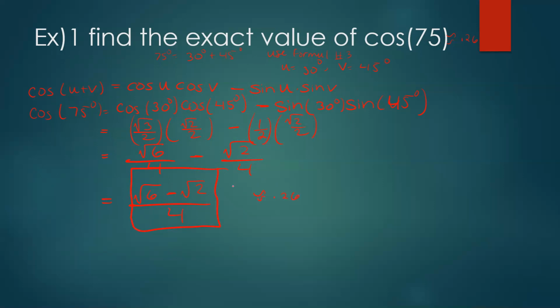But when they say exact value, they want your answer in radical form. So this is why this is your correct answer. That's why we use the sum and difference formulas, to get a more precise answer.